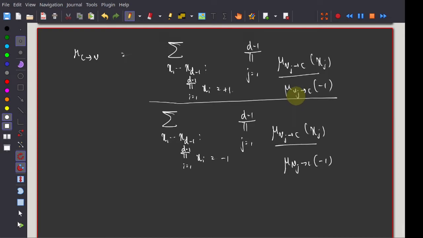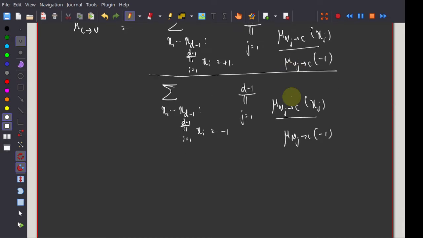It cancels out, so it's equal to 1. So I want to write this in terms of R_{Vj to C}. But not all R_{Vj to C}'s are present here, only some of them.